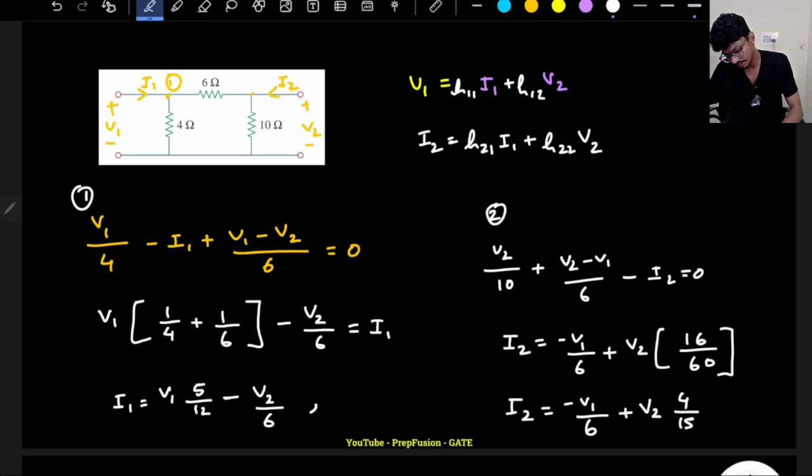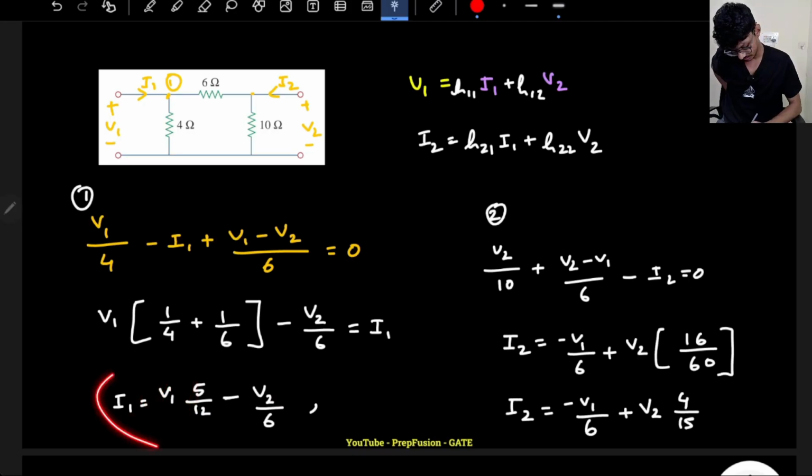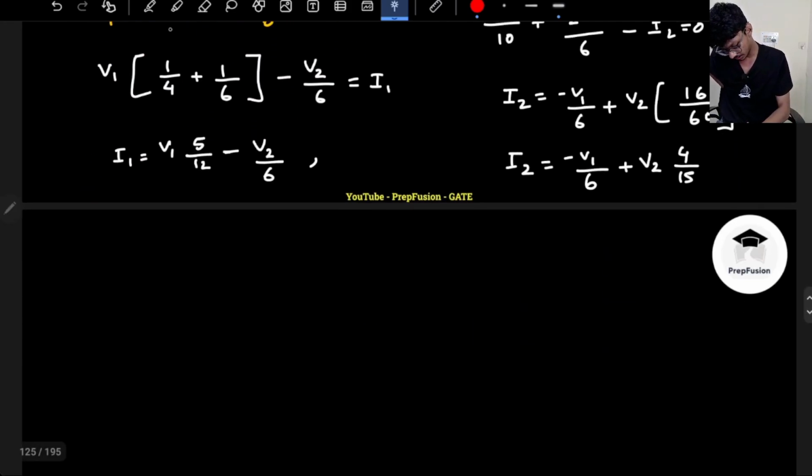Okay, but ultimately I need V1 in terms of I1 and V2. So in this equation I have V2, I have I1, I have V1 as well. So this equation is fine. Here I need to write V1 in terms of I1 and V2.